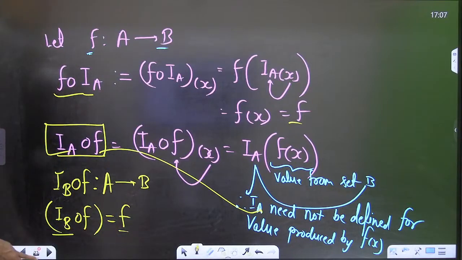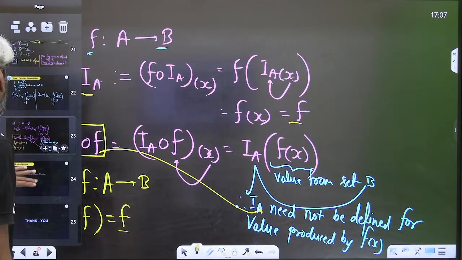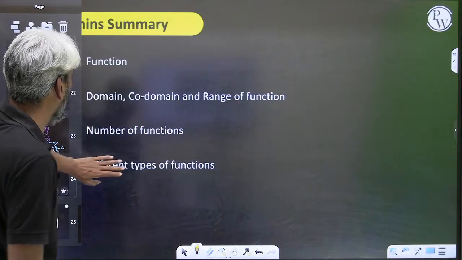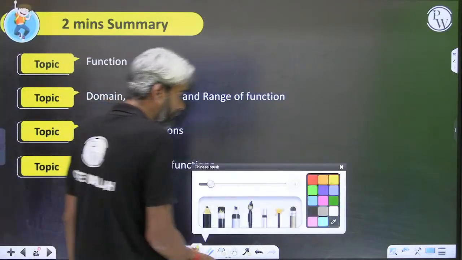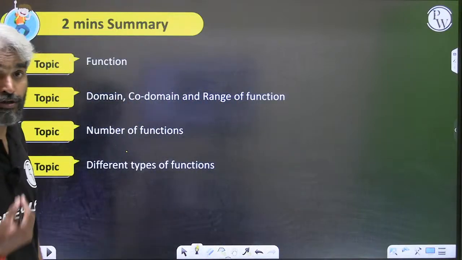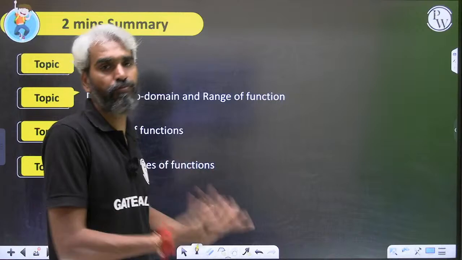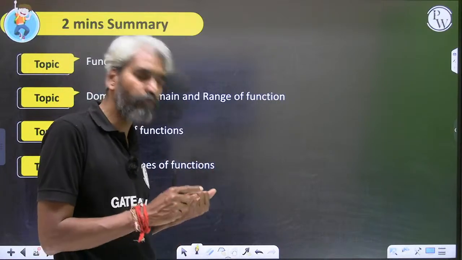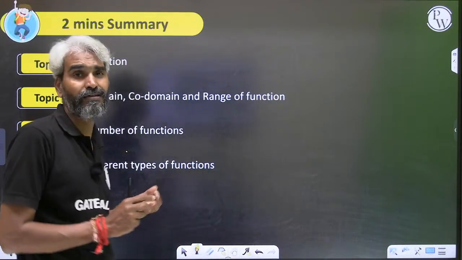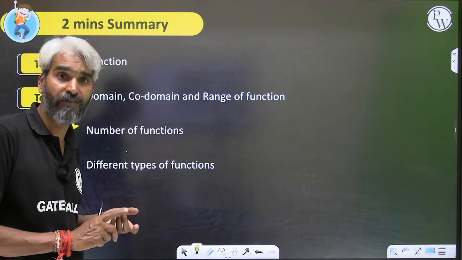So that's the idea. I completely understand that you may be thinking about what we learned in today's class. We have understood the basic concepts of function. Tomorrow we will have a more informative lecture related to function. We will try to understand injective function, surjective function, bijective function, and how to obtain the inverse of a given function.